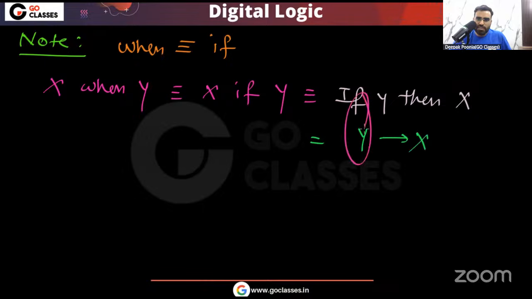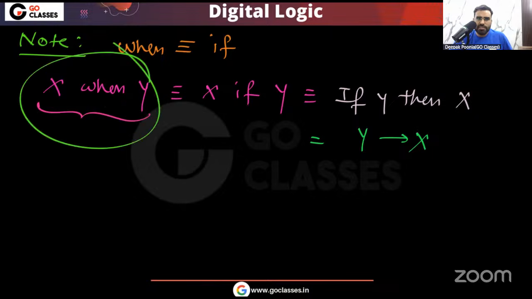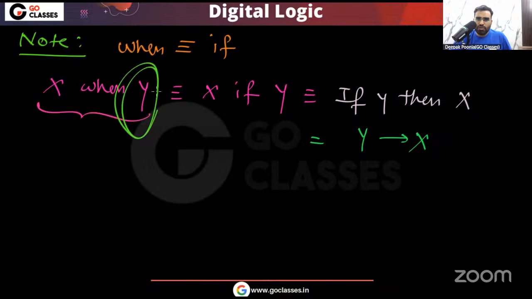It means when y is true, then x must be true. So when you see the sentence x when y, how do you prove it is true or false? This statement will be true when, assuming y is true, x must be true.